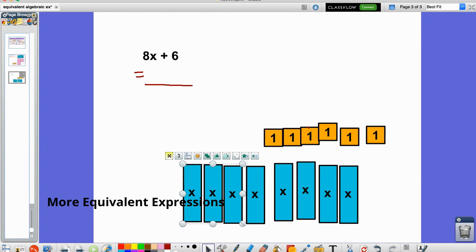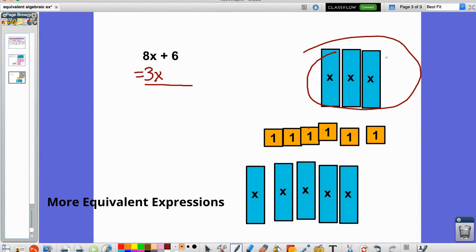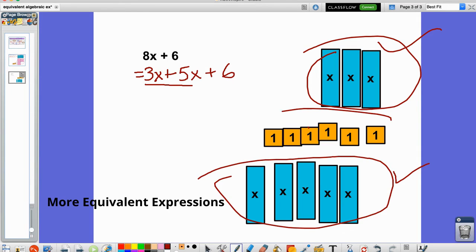So I just separated the 3 groups of x right here. I'm keeping the 6 the same, but I have 5 groups of x right here. It looks like 3 groups of x plus 5 groups of x plus 6.